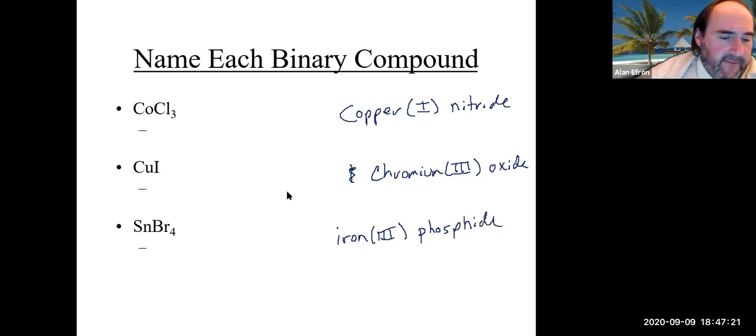Okay, guys on the left, give the proper name. Ones on the right, the proper formula. See what you come up with.